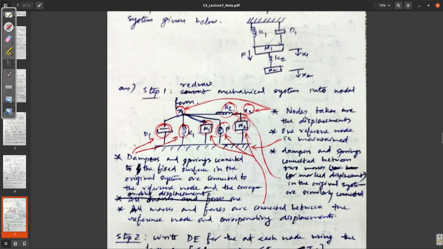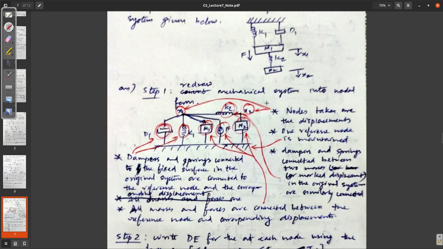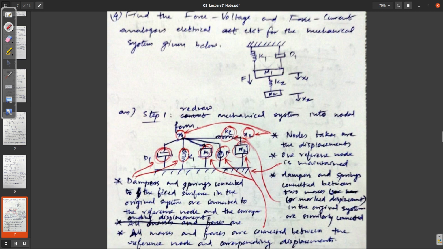To convert this mechanical system into an electrical system, you have 2 or 3 steps. Step 1 is to redraw the mechanical system into a nodal form, that is, we are redrawing it like you draw a network. First of all, we create a reference surface.